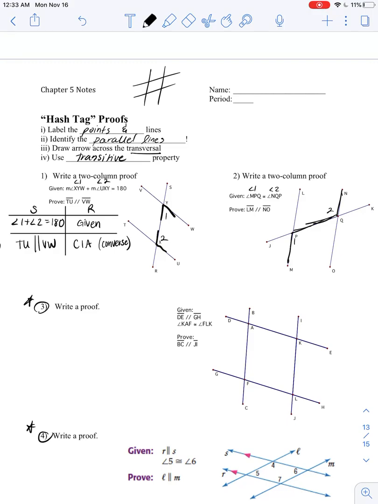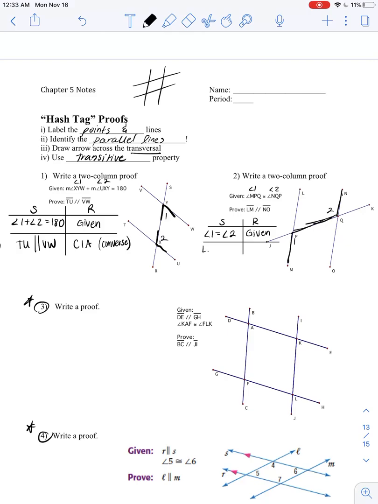So I'm going to start by numbering these angles, angle 1 and angle 2. You don't have to number the angles, you could just write in your proof angle MPQ equals angle NQP. But in general, when you get into the harder proofs, it is a little bit easier to follow if you number them. So our statement is angle 1 equals angle 2.